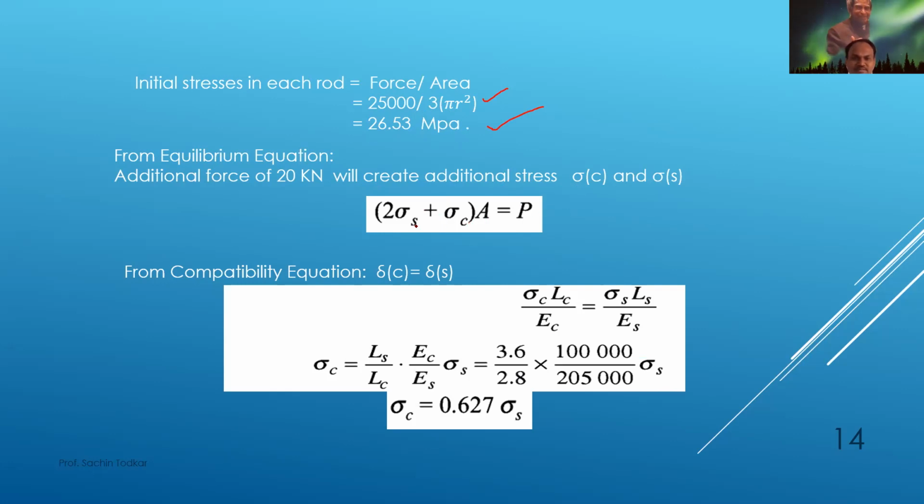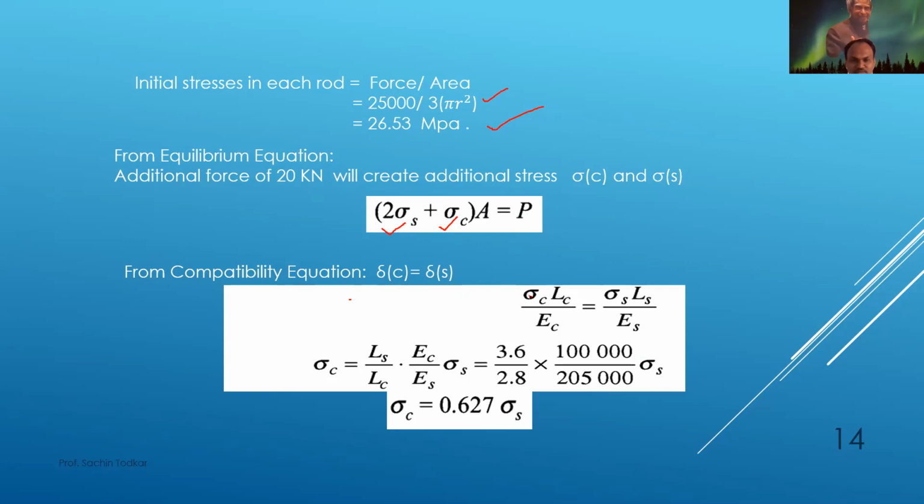From the equilibrium equation, the additional force of 20 kilonewton will create additional stress. These additional stresses we have considered as sigma s and sigma c. Twice sigma s, because there are 2 steel rods, plus 1 copper rod, multiplied by the cross-sectional area must be equal to the force applied, 20 kilonewton. And from the compatibility equation, the change in length of copper must be equal to the change in length of steel.